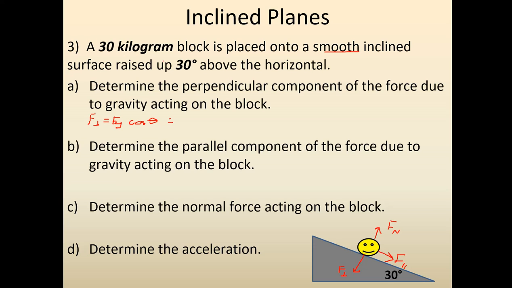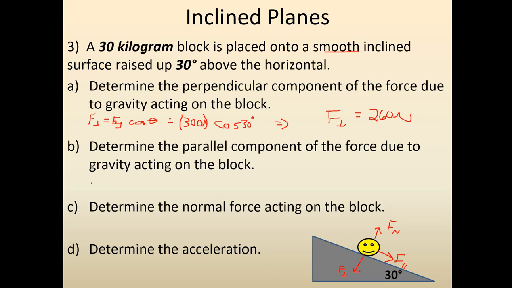So Fg is going to be, well, this is the mass. So the weight, Fg, is going to be 30 times 9.8, which is about 300 newtons. Remember, Fg always has to be in newtons. And then my angle is going to be 30 degrees. So F perpendicular is going to be 300 times cosine of 30, which is about 260 newtons.